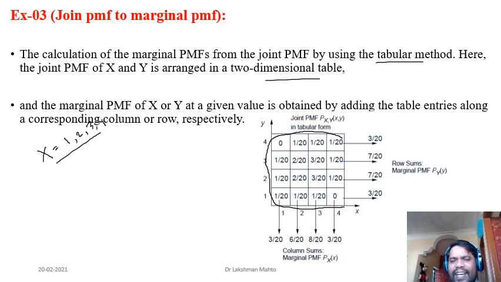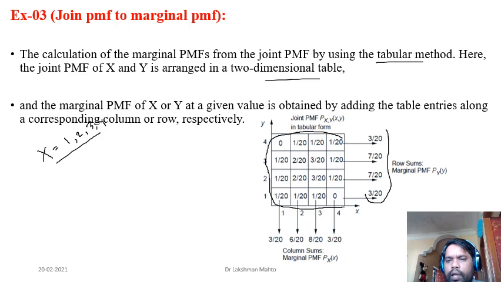Now your question is to calculate the marginal probability from the given joint probability. So how can you calculate it? See how x varies: x varies horizontally, and y, as we observe from the plot, varies vertically. If you do summation along the rows, summing all these probabilities along the row, you will get a probability distribution.